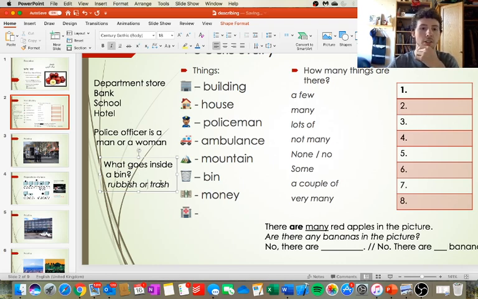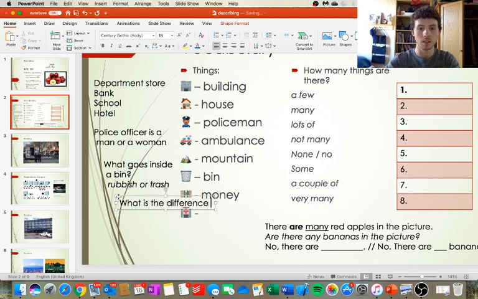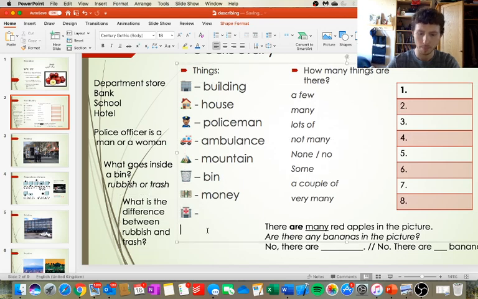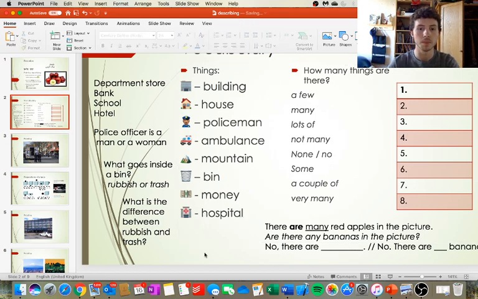So what is the difference between rubbish and trash? Do you know, Gabriel? And the final one is hospital. Hospital, where sick people go.